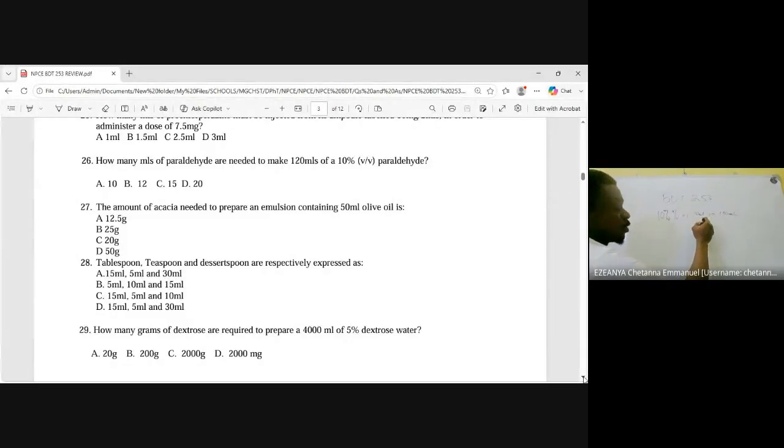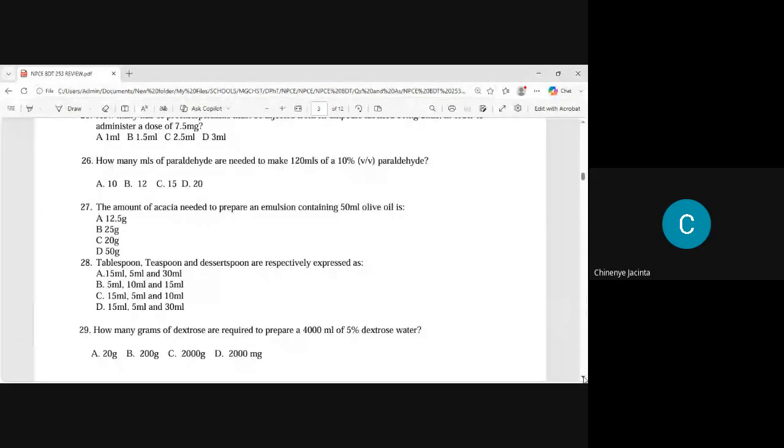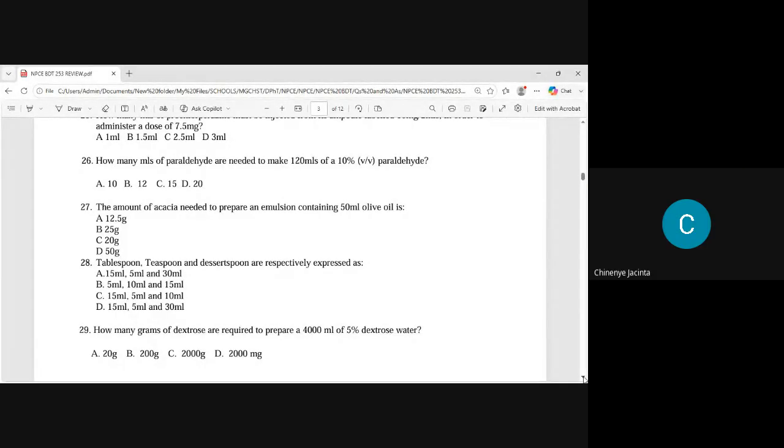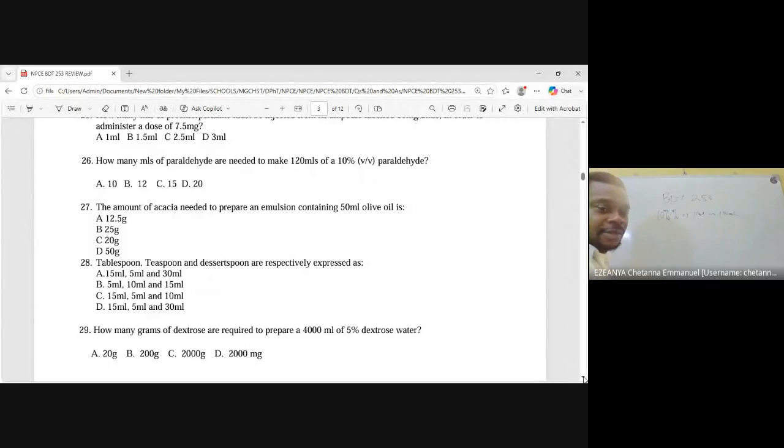From what you just said, 10% volume in volume is what? 10 mL in 100 mL.